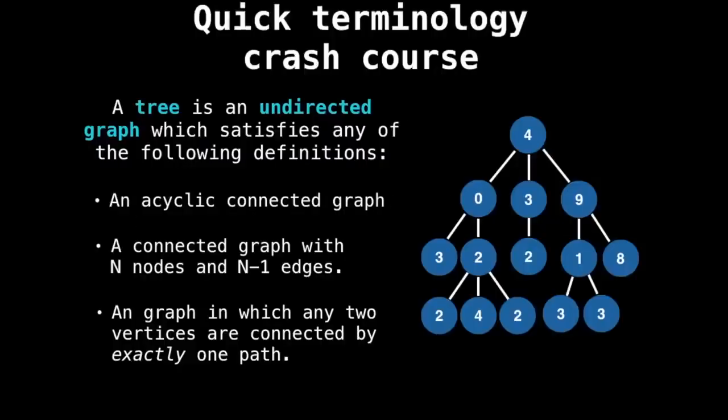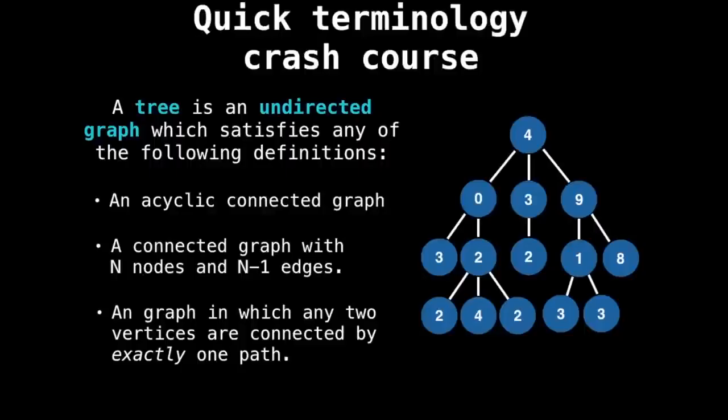Okay, so I'm going to give you guys a quick crash course on trees before we get started. So we say a tree is an undirected graph, which can satisfy either of the following definitions. There are actually multiple definitions, but these are the most popular ones. So a tree is an undirected graph which is connected and acyclic. Acyclic means there are no cycles.